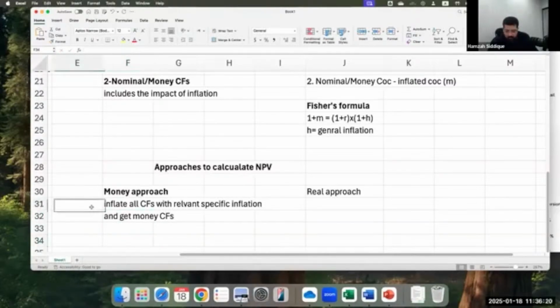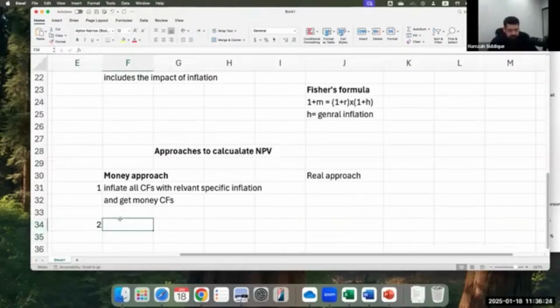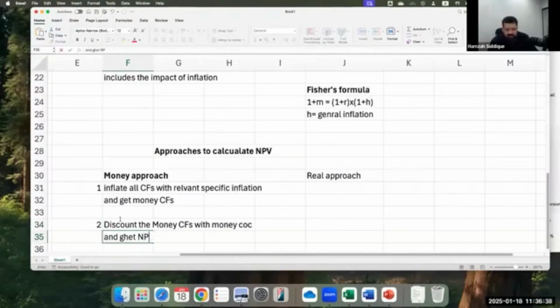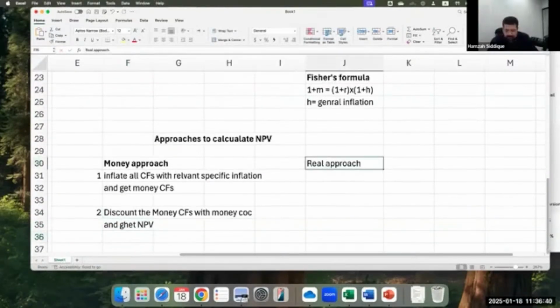Now, step one. Step two, discount the money cash flows or nominal cash flows with money cost of capital and get NPV. Very simple, very easy.